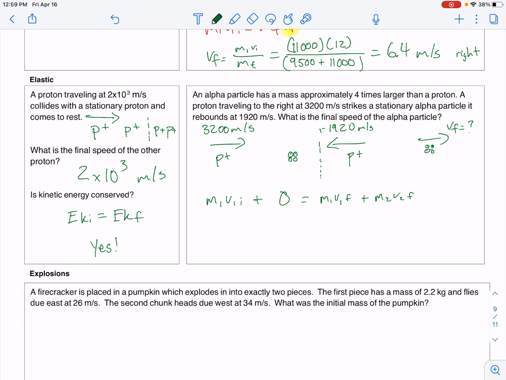And in this case, what we're trying to look for is the velocity of the alpha particle after the collision. So we can solve for that, just rearranging my equation to do so.